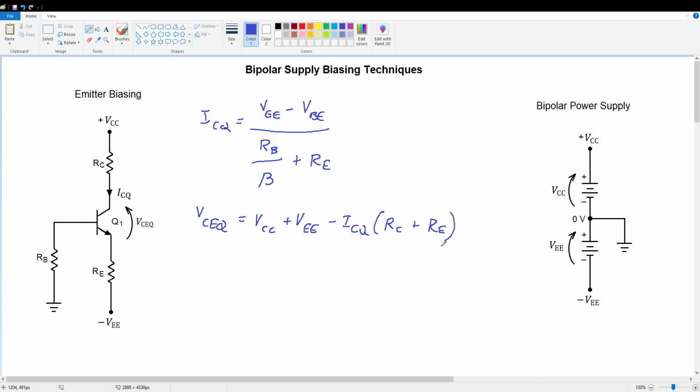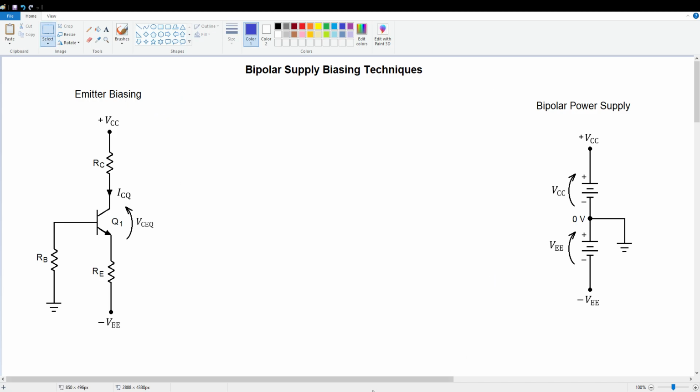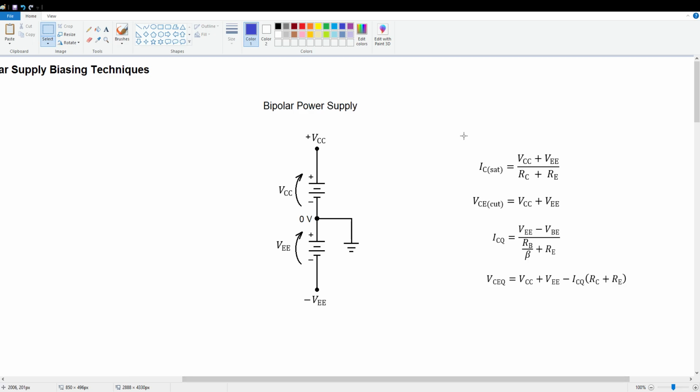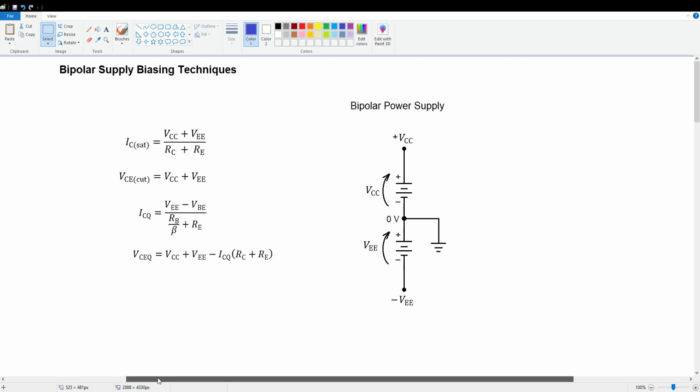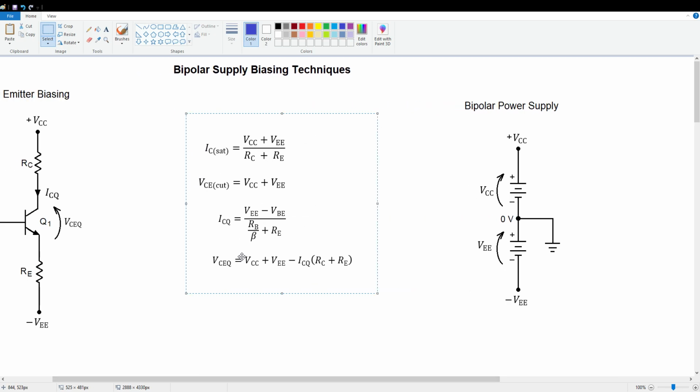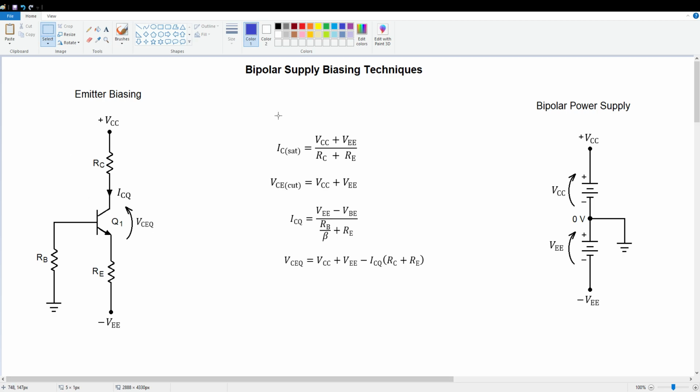All right, and that's all there is to it. It's really a pretty straightforward extension of what we've done before. Now, I'm going to clear my chicken scratch off of here and drag over nicer versions of these equations for reference purposes. So if you wanted to, you could take a screen capture here and you will have the circuit and its analysis equations handy.